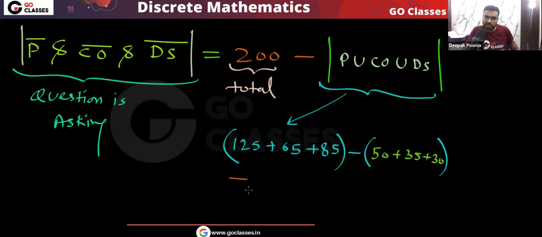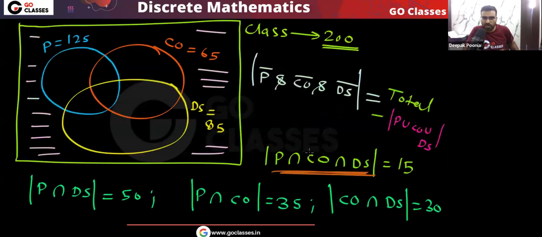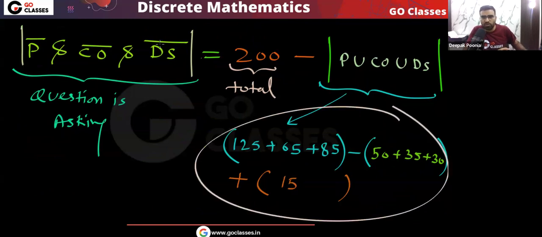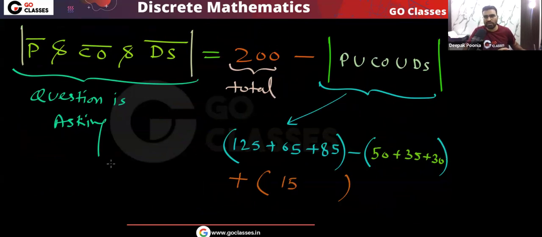And remember, the triple we have to add, means those who have taken programming as well as computer organization as well as data structure. So you can see this 15 we have to add. Now this value you have to remove from 200, that will be our answer.